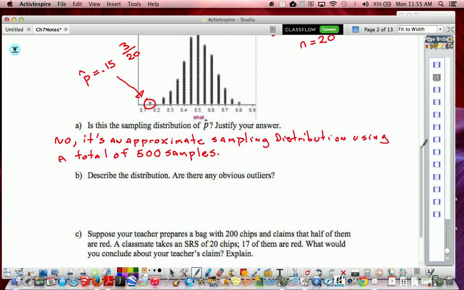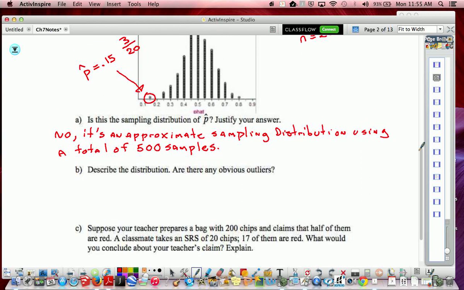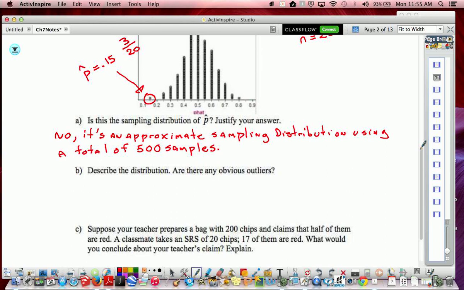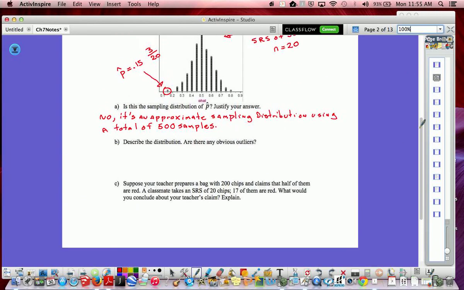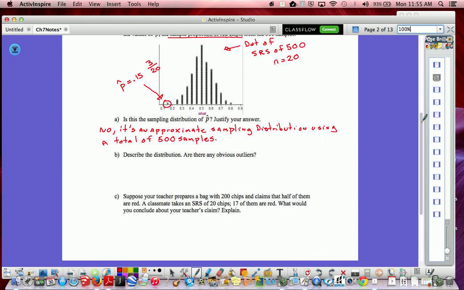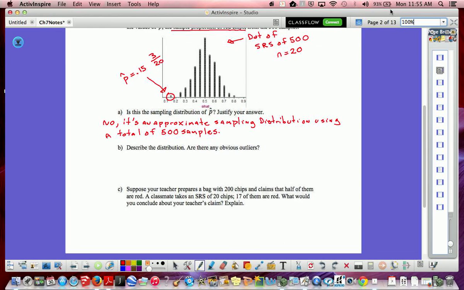So, B says describe the distribution. I'm going to shrink this a little bit so that I can still see the distribution and be able to write at the same time. This goes back to our chapter 1 days, so I recall some of my terms from chapter 1. Do you remember the acronym from chapter 1 that we used to help us remember?